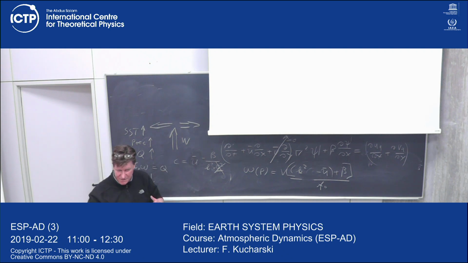In the mid-latitudes the mean flow is clearly different from 0, but at the equator it can be around 0, and even the sign would not be very clear. So for those waves, we set this mean flow to 0.